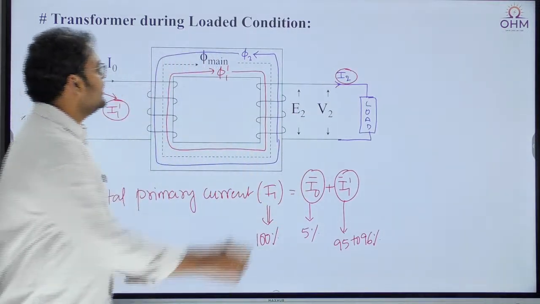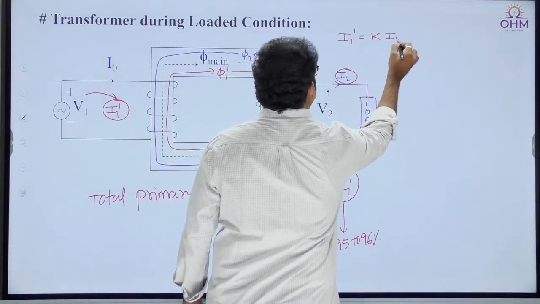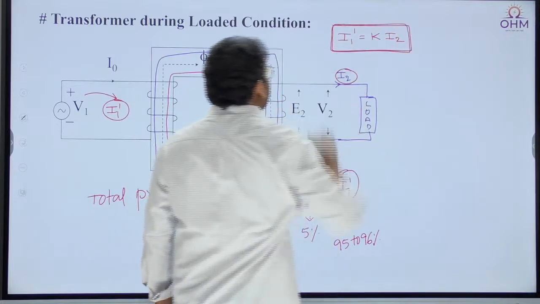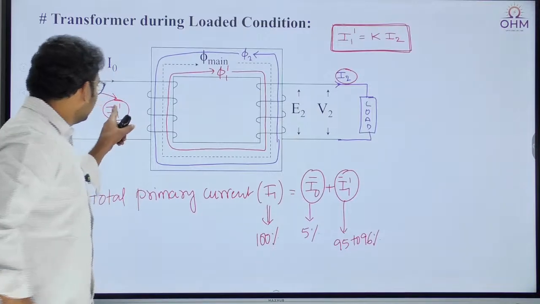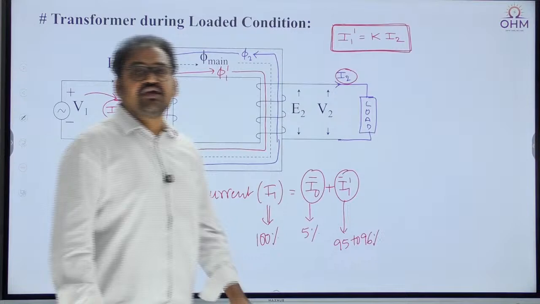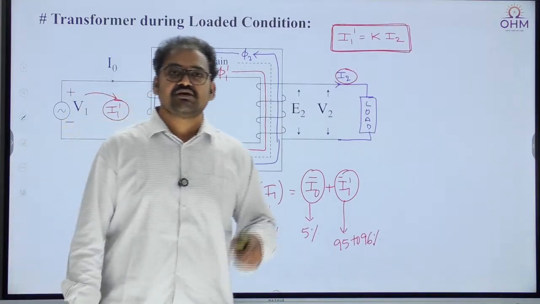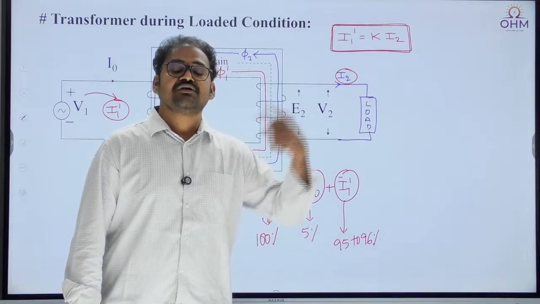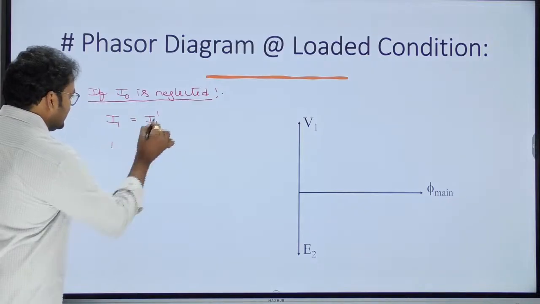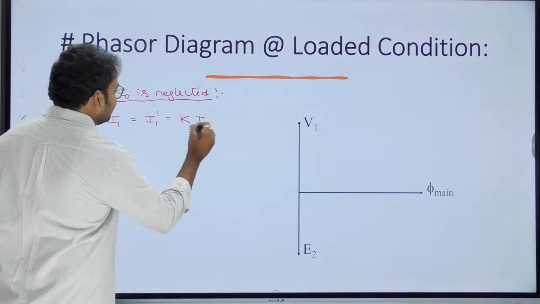What is the relation? I1 dash is equal to K times I2. I am not doing the derivation, but you have to remember this equation. I1 dash, that is the primary side loaded current, is equal to K times I2, where K is known as transformation ratio. We know transformation ratio is N1 by N2 or N2 by N1. And if I substitute that here, so I1 dash is K times I2.